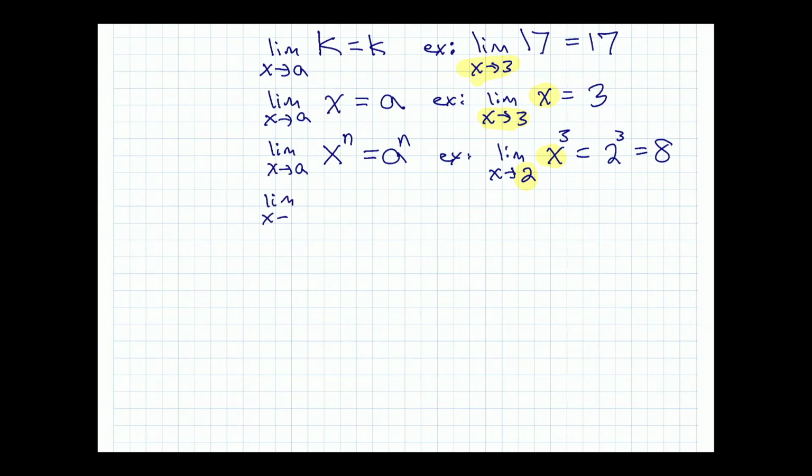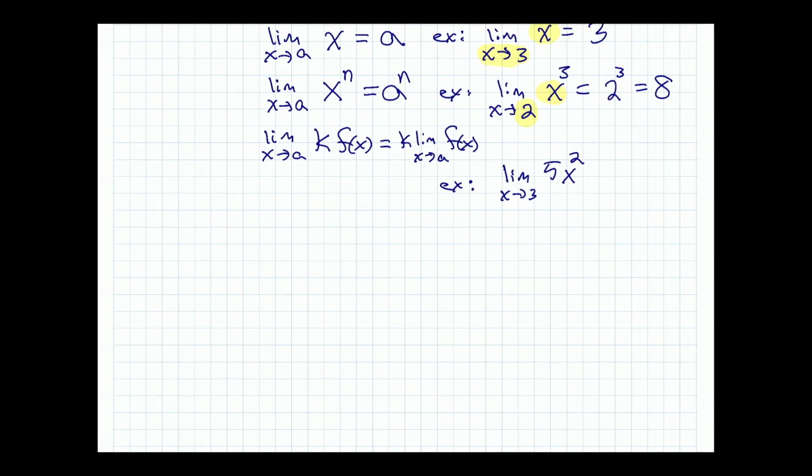Just to summarize here, x goes to a of a constant times f of x, like that. You would be able to take that k out of the limit, like so. What does that look like? Example. So like if you have a limit as x goes to 3 of, what do I want? How about 5x squared, right?